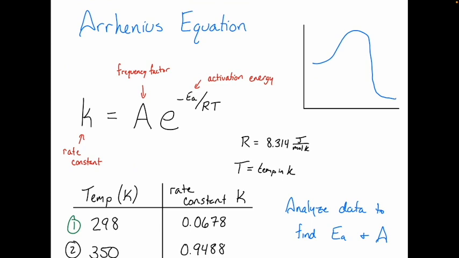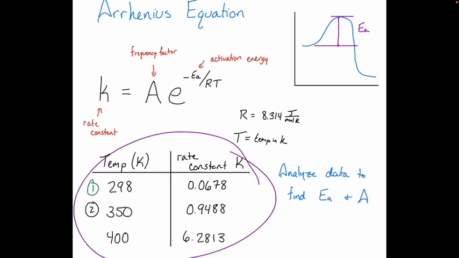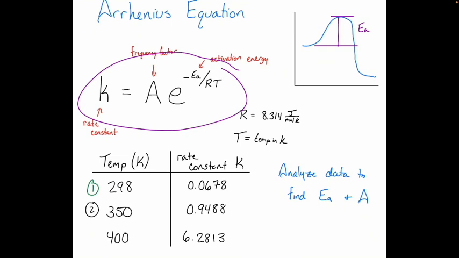And importantly, the height of this barrier here is what we refer to as the activation energy. If we have a chemical reaction that we study, we can do it under a bunch of different temperatures. And we can use that data to solve the Arrhenius equation and figure out what that activation energy is, what the height of that energy barrier is.